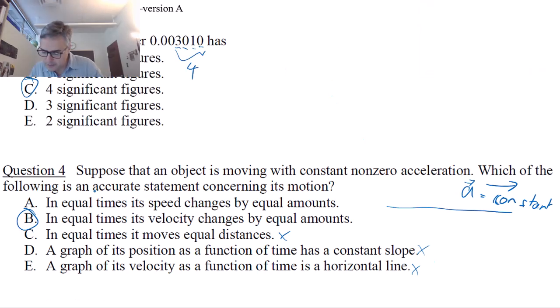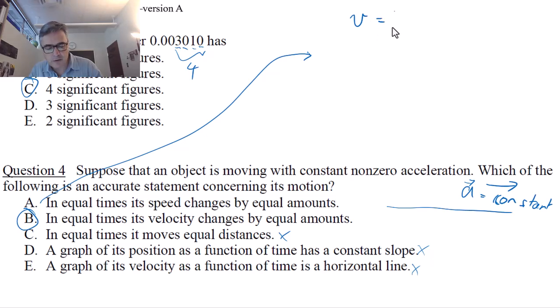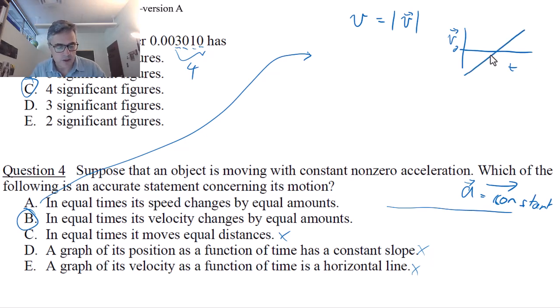And the only other thing I would say if you answered question A is remember that the speed v is equal to the absolute value of the velocity, v with little line on the top. So if you had, for example, this is velocity versus time, and it starts off negative and goes positive, the velocity changes by equal amounts in equal times.